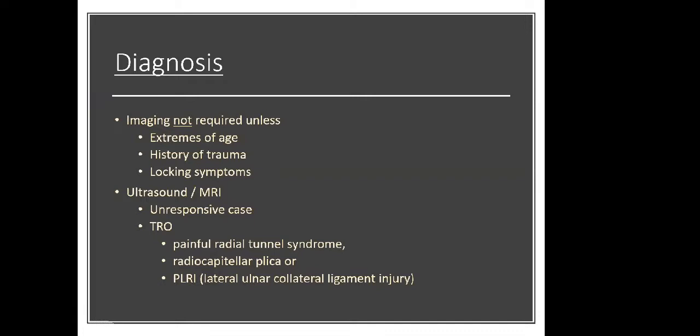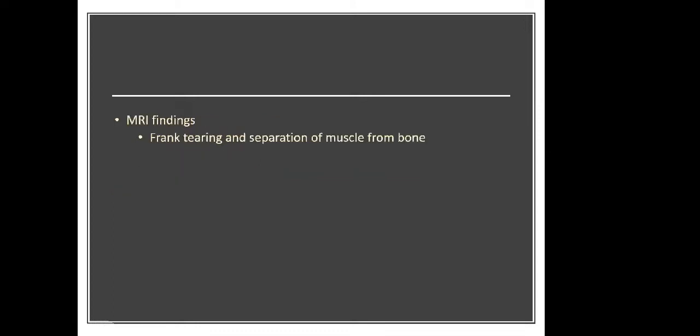If despite treatment the pain persists, we can do an ultrasound or MRI to rule out other differential diagnoses like painful radial tunnel syndrome, radiocapitellar plica, or also PLRI, lateral ulnar collateral ligament injury. When we do an MRI for lateral epicondylitis, there will be frank tearing and separation of the muscle from the bone.